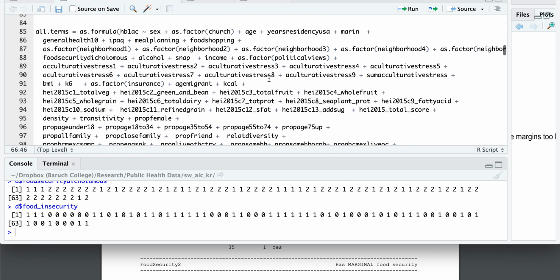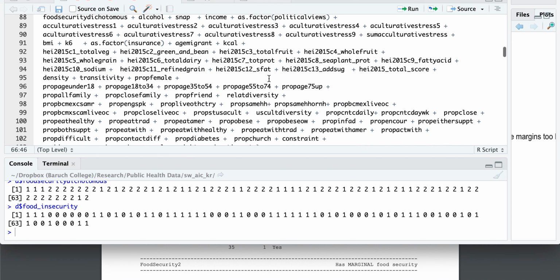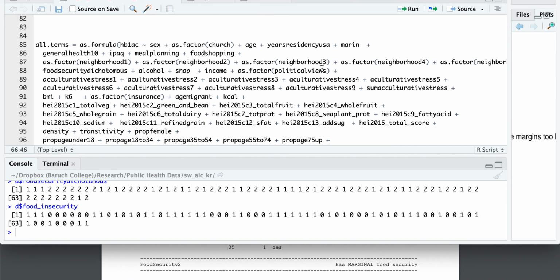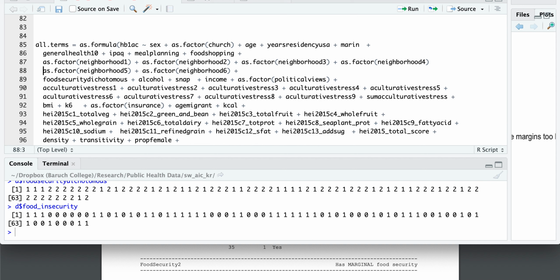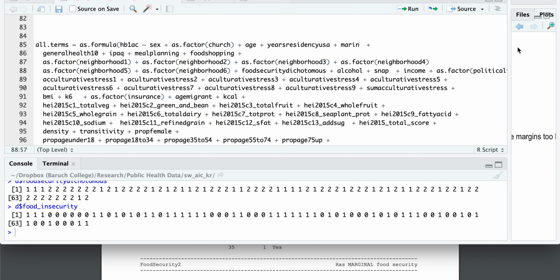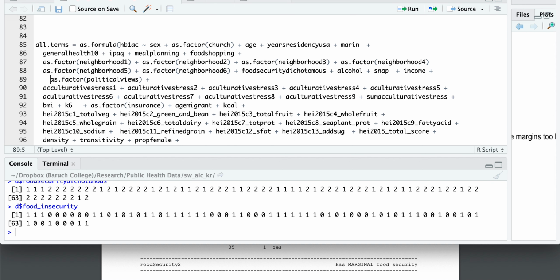We use the dichotomous version, I guess. Oh, here it is. Okay, so we use this one.